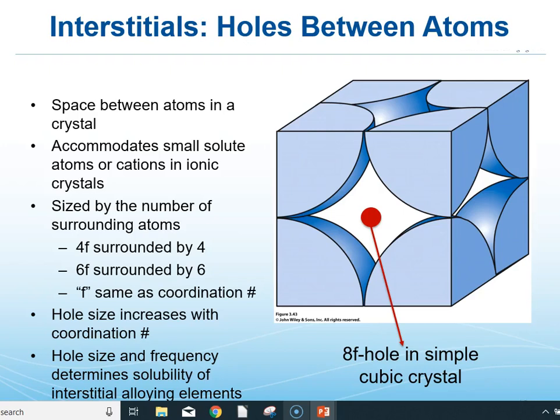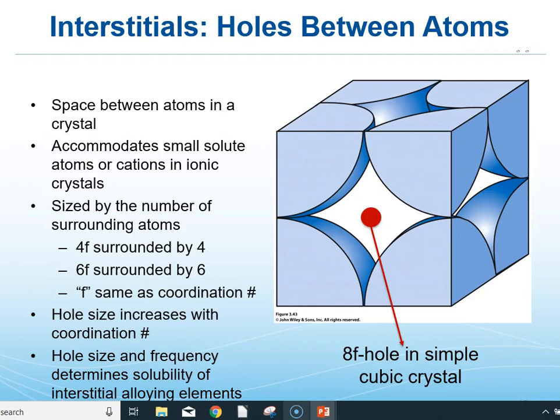This is an 8F hole, which only exists in simple cubic crystals. This is something that a cation in certain types of ionic crystals would sit in, and those blue surrounding atoms would actually be anions, a chloride or a bromide or something like that.